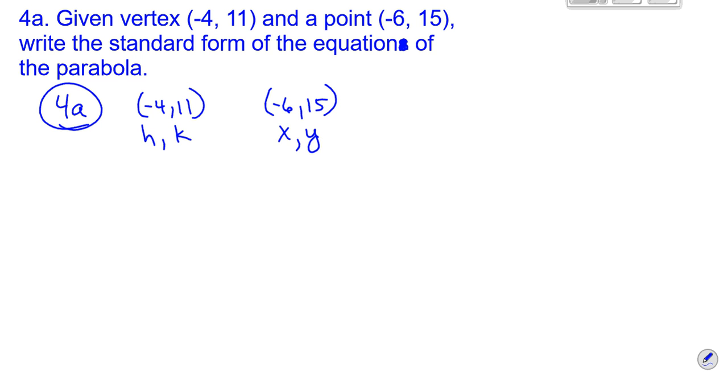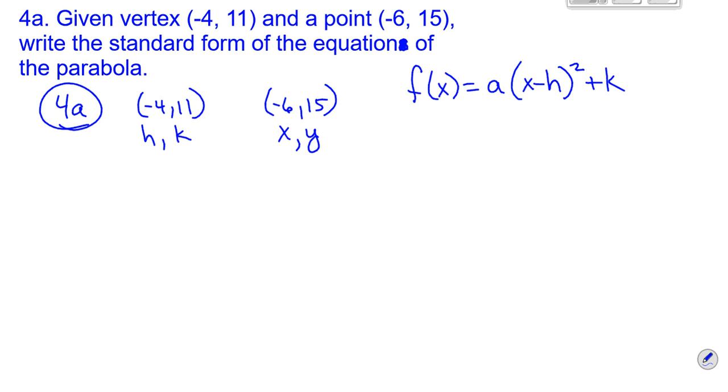Then I'm going to remember what my basic equation is in standard form: f(x) equals a times (x minus h) squared plus k. When you look at that rule and those numbers, there are 5 variables, and you know 4 of them. And f(x), of course, is equal to y.